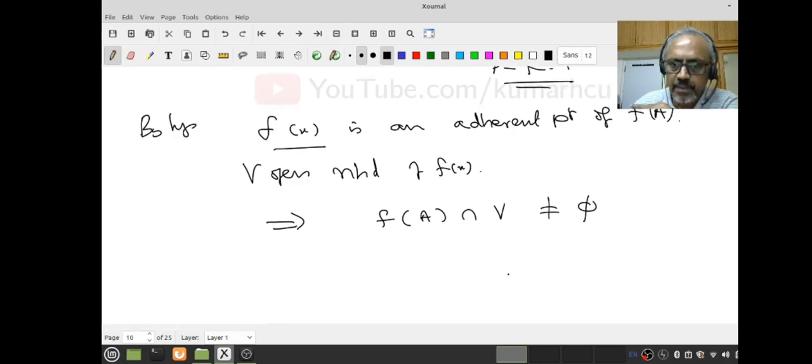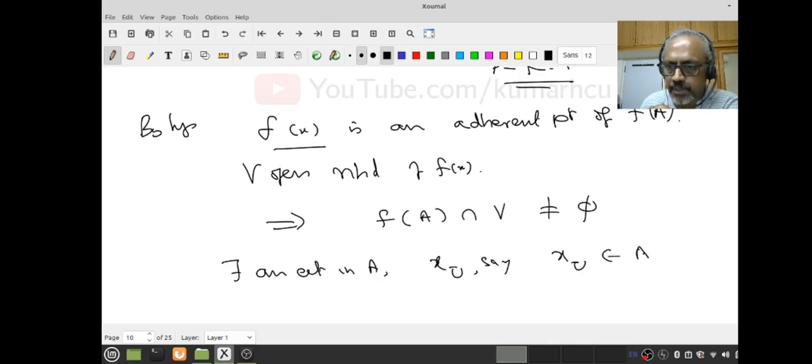That means there exists an element in A, of the form x_u, so that x_u belongs to A and f(x_u) belongs to f(A) intersection V. In particular, f(x_u) belongs to V.